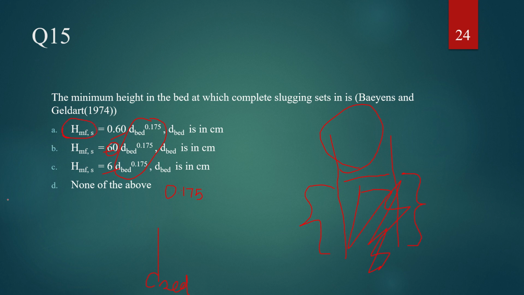If the bed height is more than HMFS, slugging was found to occur. If it is less than this, in shallow beds, slugging was not occurring.